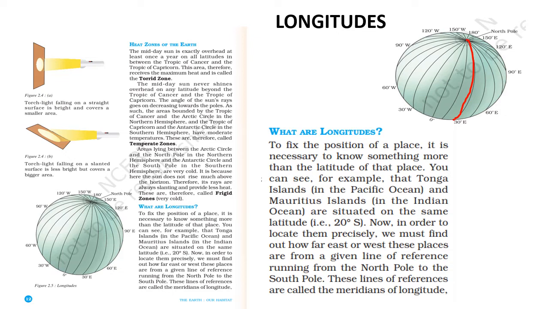To fix the position of a place, it is necessary to know something more than the latitude of the place. You can see, for example, that Tonga Islands in the Pacific Ocean and Mauritius Islands in the Indian Ocean are situated on the same latitude, that is 20 degrees south.